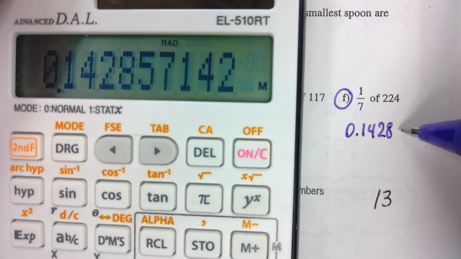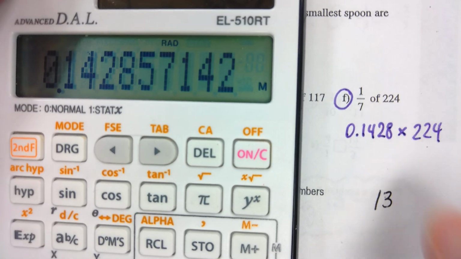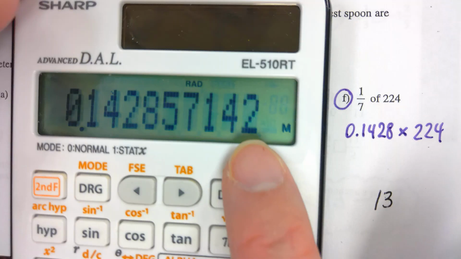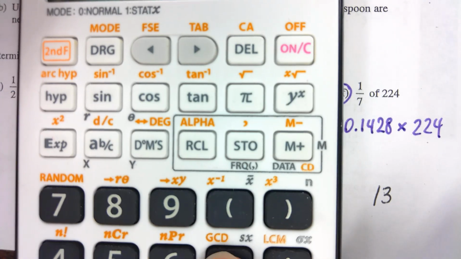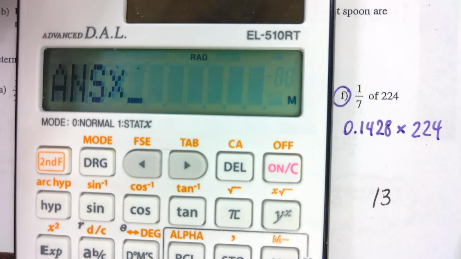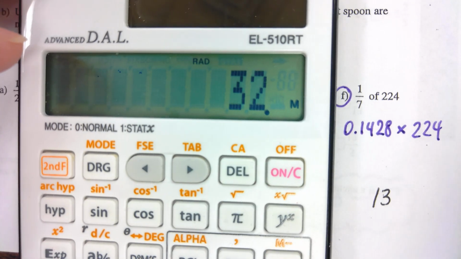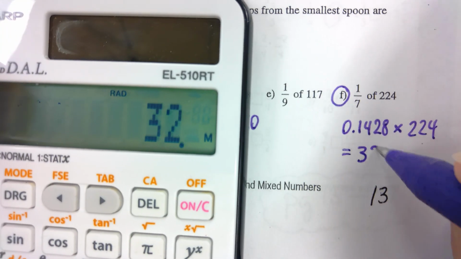Then "of" means times, and then 224. On your calculator, once you do that, you can just press times and then 224, so that it will take the whole decimal. So this equals 32.